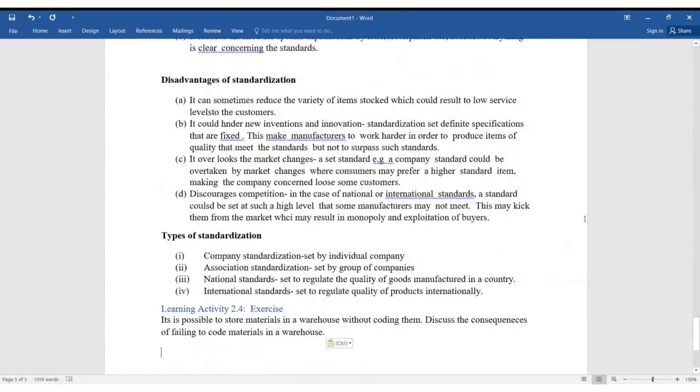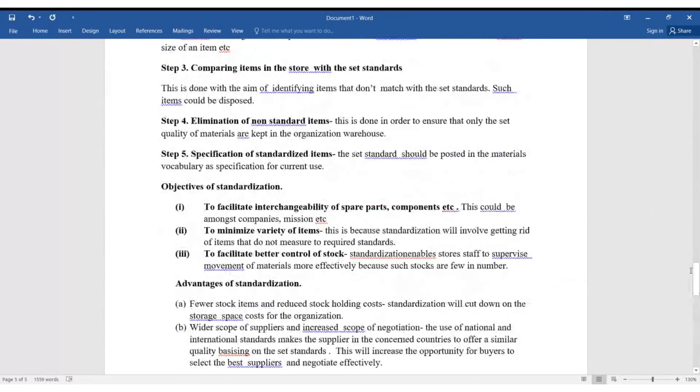So there are various standards that can be used as far as this matter is concerned.